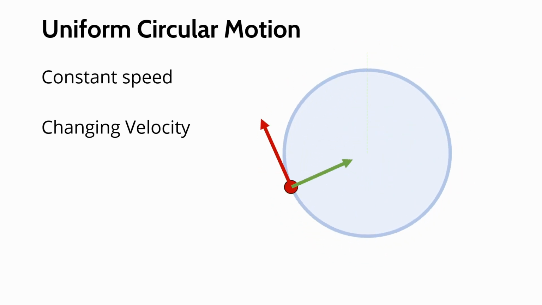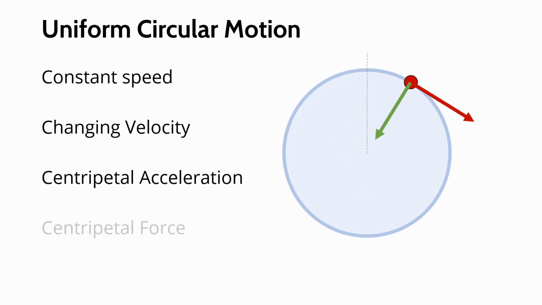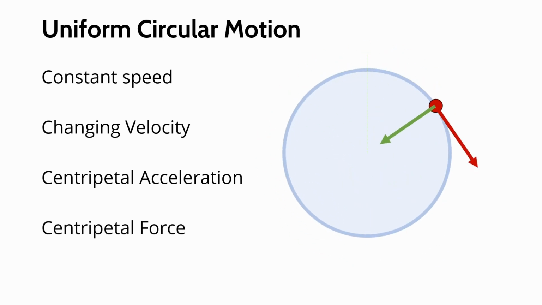And that's what we call centripetal. It is always seeking the center. And because of Newton's second law, if there's an acceleration, there must also be an unbalanced force. So we end up with a centripetal force. Let's have a look at these things in more detail.